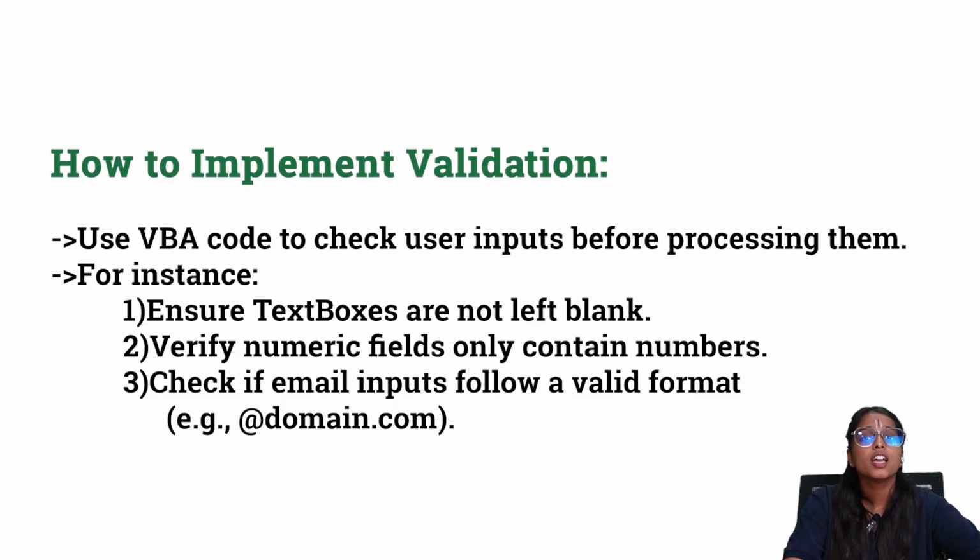For instance, ensure text boxes are not left blank. Verify numeric values only contain numbers. Check if email input follows a valid format, for example name@domain.com. Tips. Use error messages to inform users what went wrong and how to fix it.